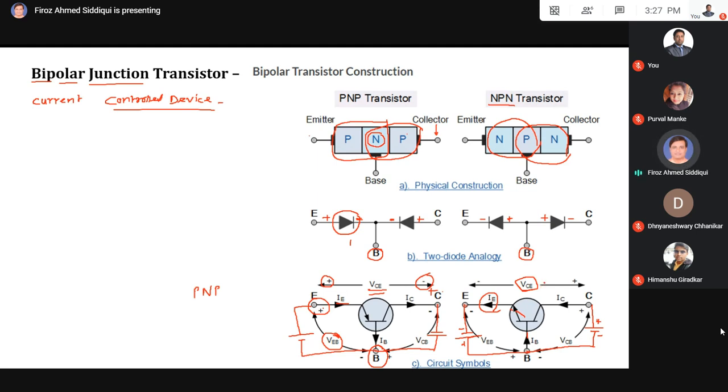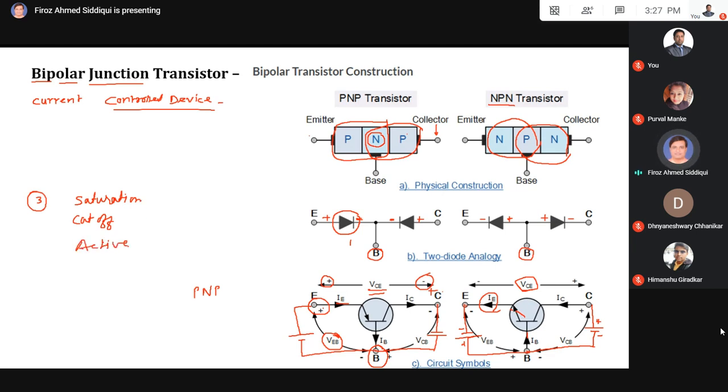If we see the operation, the transistor operates in three regions. Which three regions? Saturation region, cutoff and active.